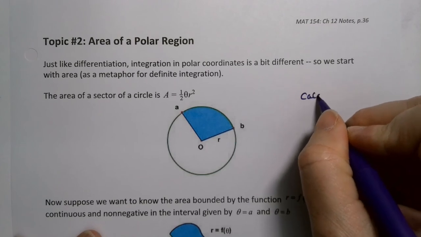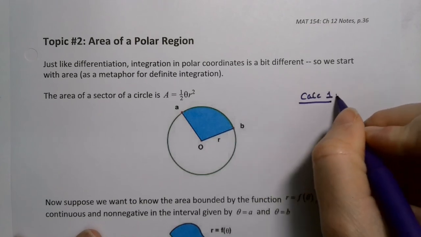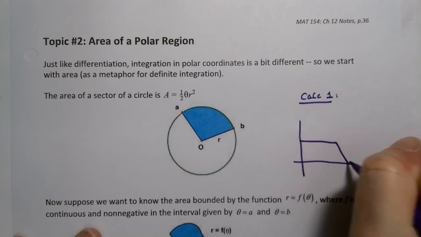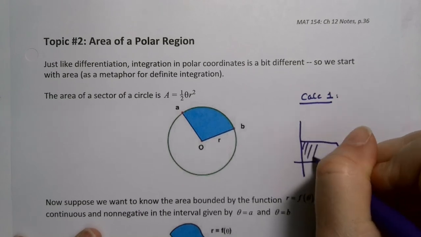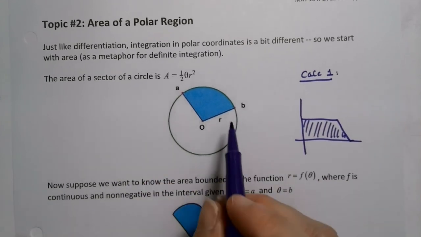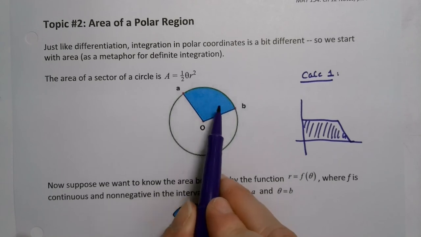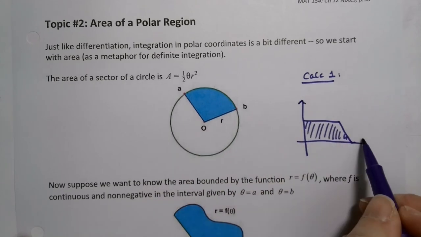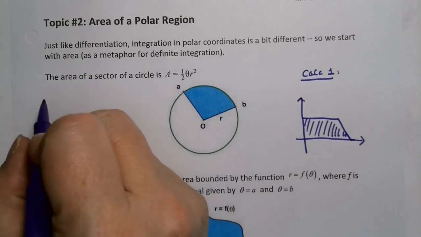Let me remind everybody. In Calc 1, you started off all problems, if you remember, with pictures that looked like this, and you'd be finding the area under the whole thing. For both of these, whether it's the area of a sector on a circle or the area underneath this weird trapezoid that I made, you can use geometry.